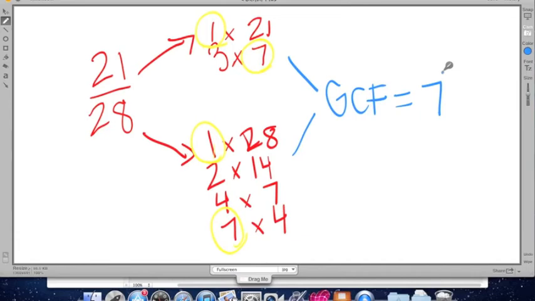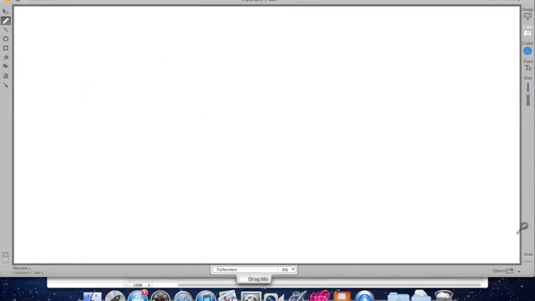So now, where does this come in? Well, we're going to clear this page so that we can get a fresh start and see that 21 over 28, and our GCF down here is 7.